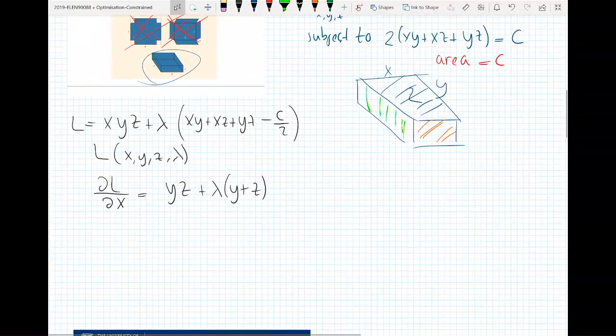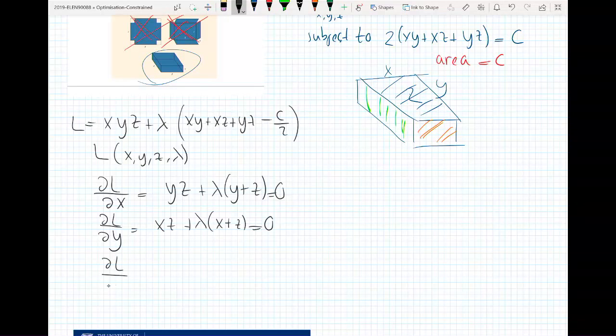Similarly, del L del y is xz plus lambda times x plus z, and del L del z is xy plus lambda times x plus y, all equal to 0, the first order necessary conditions. All right?